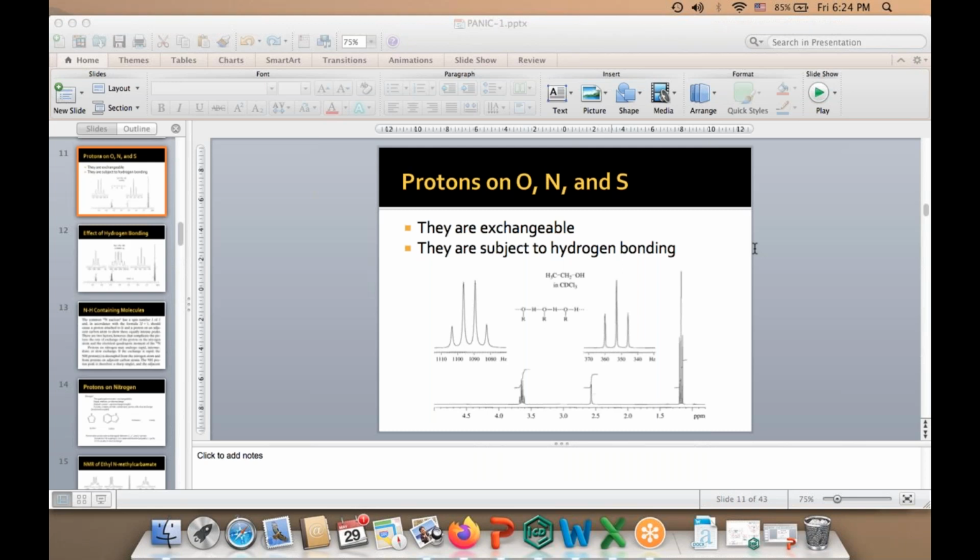But of course, it is great if you have a TMS standard. If you already have TMS in the solvent you use to dissolve your compound, that peak will show up at 0. TMS always shows up at 0, so you can use that peak as a standard.